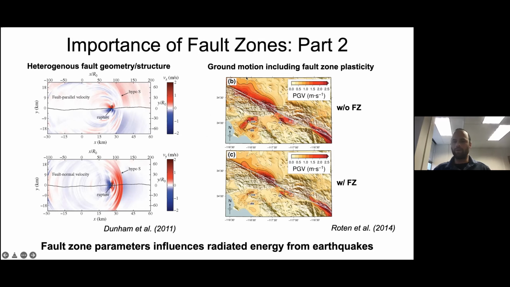So this top plot, we have no plastic or deformed material, and so you experience a level of ground shaking in the LA basin. In the bottom case, you add a bit of that plastic material, and then there's quite a dramatic reduction in the amount of ground shaking experienced. So fault zones are important because they influence the physics, but they also influence how the seismic wave field actually behaves as it's being moved away from the source.